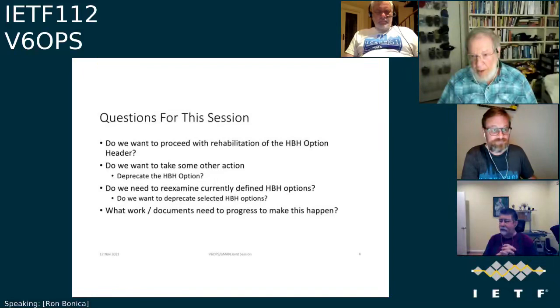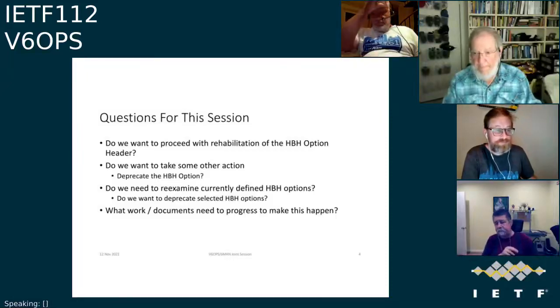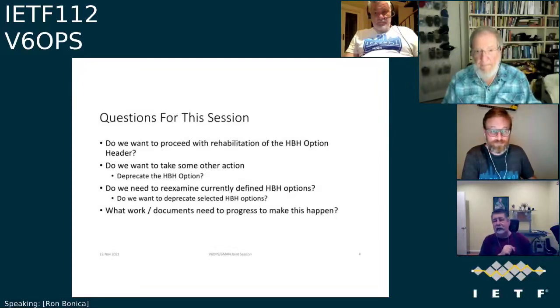Maybe the router alert option needs to be deprecated. And finally, what documents do we need to progress in order to make this happen? And at this point, I'll open the floor for anybody who wants to ask questions about what our goals are in this meeting.